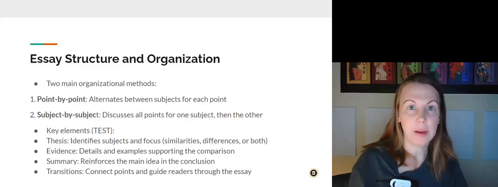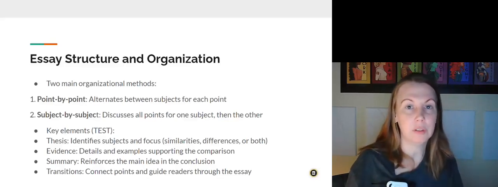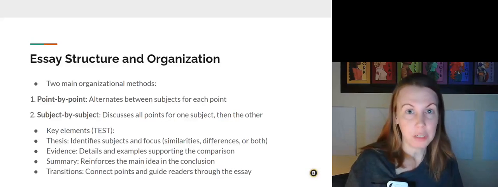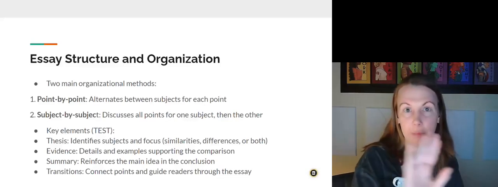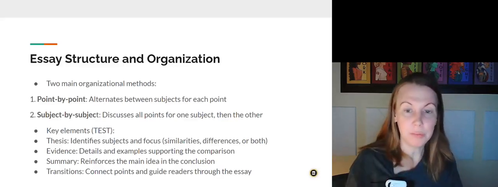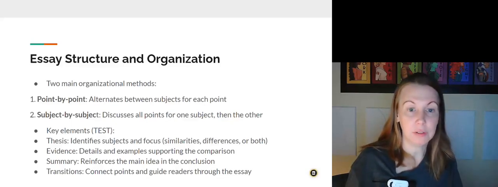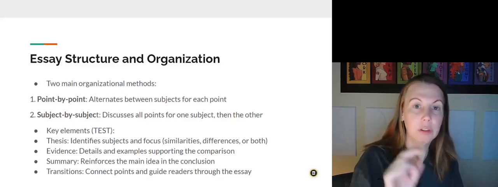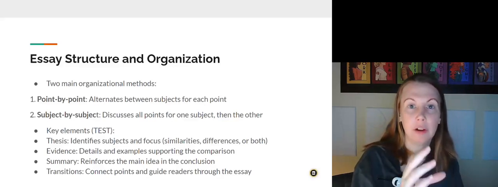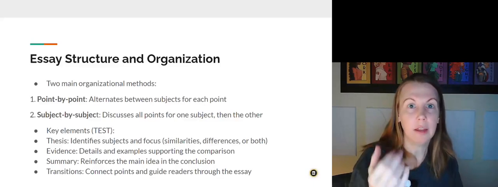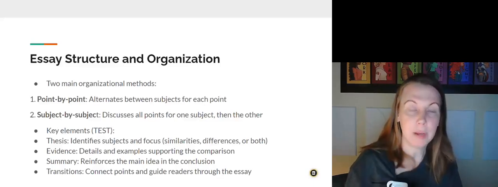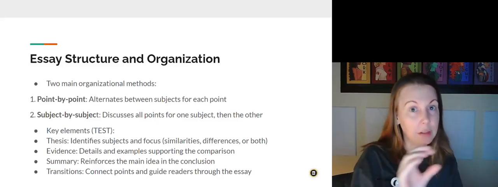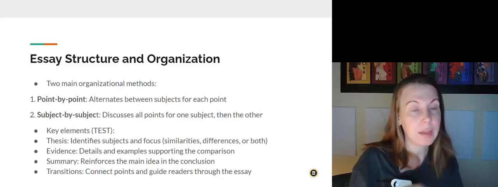So if we were talking about the movie version versus the book version, you could do subject by subject, which is all about the book version, then all about the movie version, and then the last body paragraph would be the differences between the two. Or you can go point by point and talk about maybe the characters and the setting and the plot and all of that good stuff, and compare and contrast the book version and the movie version.